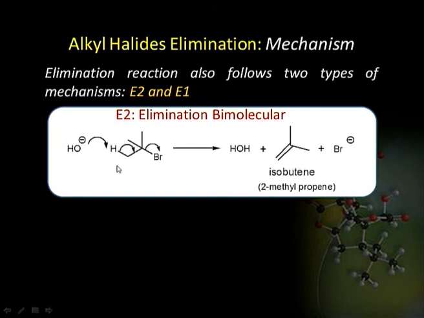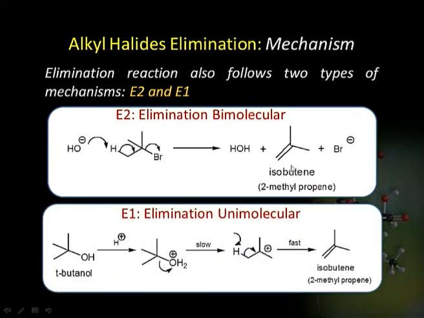As can be seen in this reaction, there is a base which is acting on the proton or the hydrogen of the alkyl halide, leading to the shift of this bond and removal of the halogen atom, leading to the production of an alkene. Another mechanism is E1, that is elimination unimolecular, which takes place via the formation of a carbocation, leading again to the formation of an alkene.